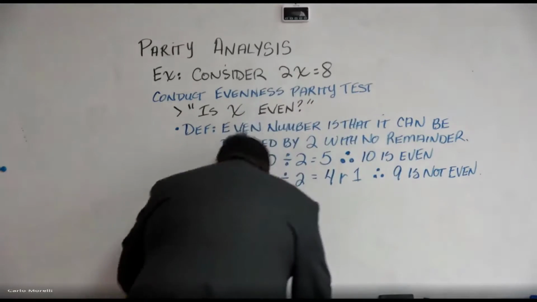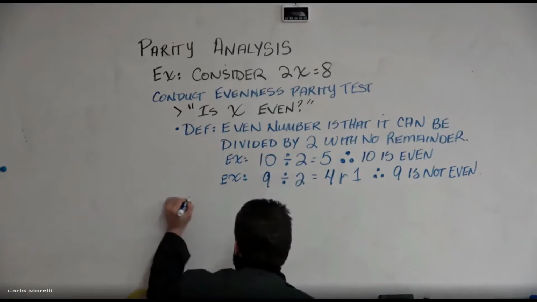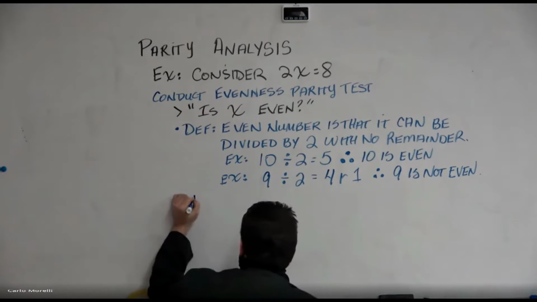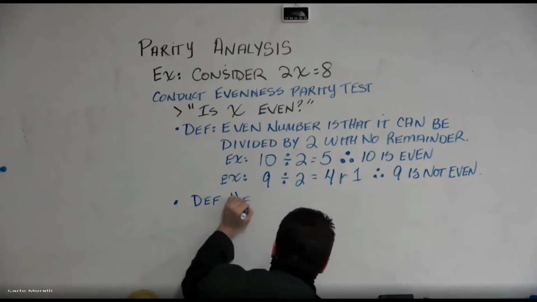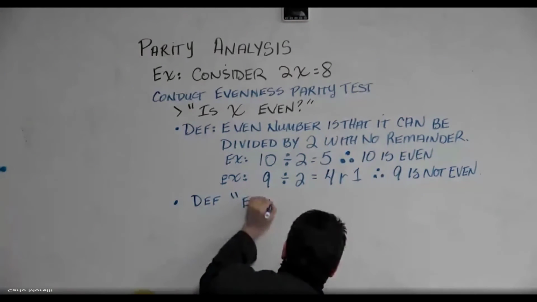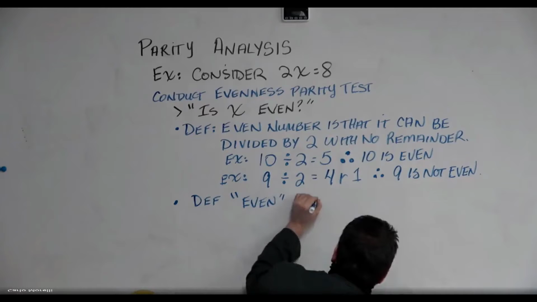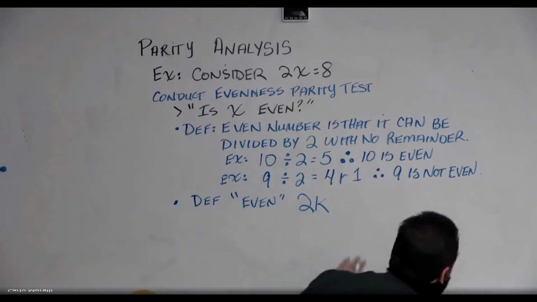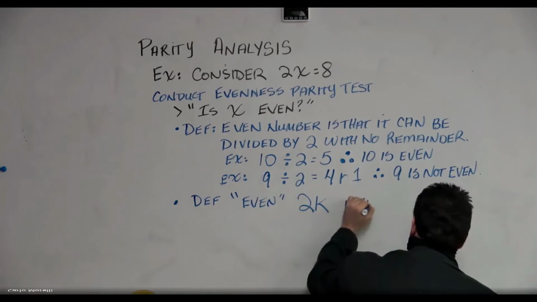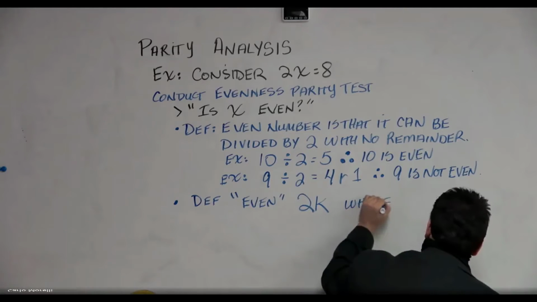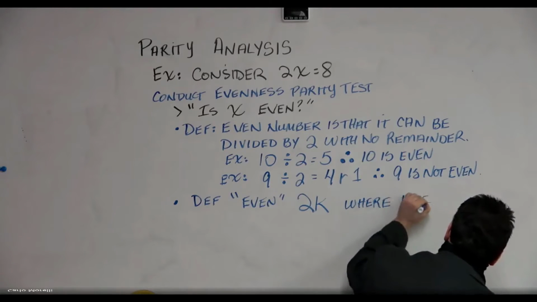So let's define, let's say, even as 2k. 2 times k, where k is an integer.